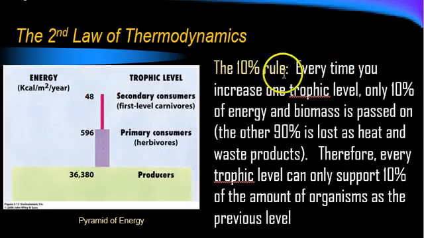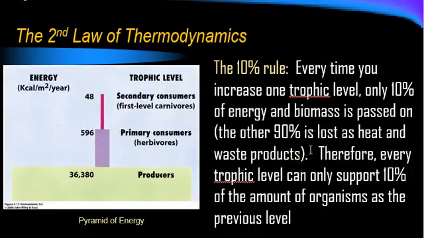And this is going to help us predict how much biomass or how much energy gets passed on to the next trophic level. And this basically says that every time we go up one trophic level, only 10% of the energy and biomass gets passed on. The other 90% of that energy or biomass is lost as either heat or waste products from the animal.